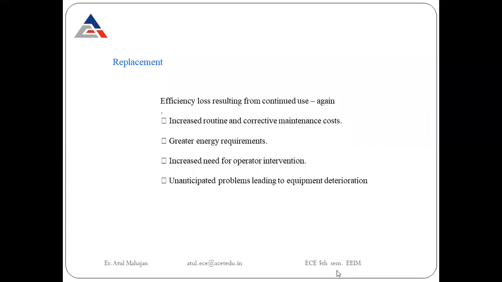That is one of the factors making a great havoc in replacement studies, because after a certain span of time we need to spend much more time on the maintenance of our equipment, whichever equipment we use.